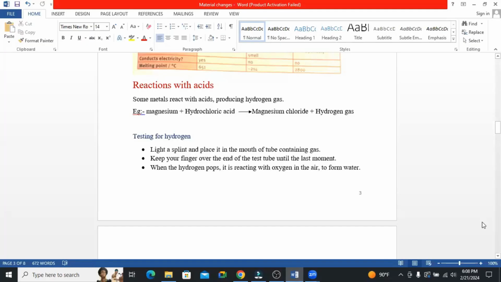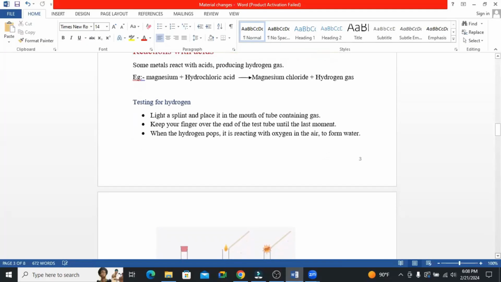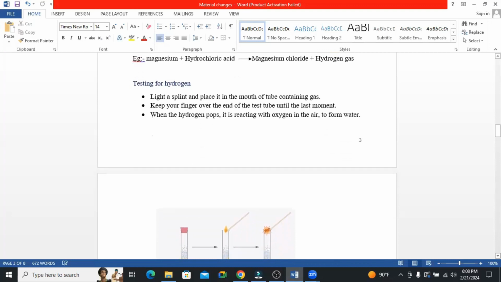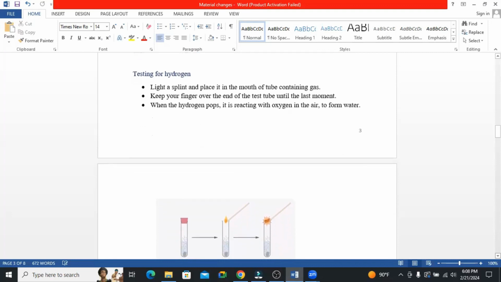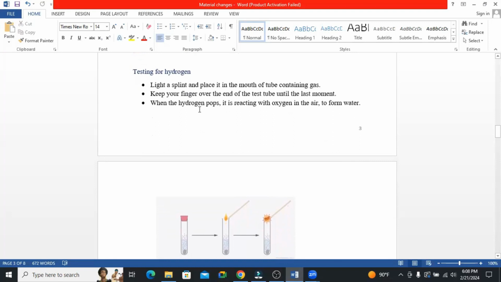Now testing for hydrogen. Now we are going to observe whether that released gas is hydrogen or not. The test is to light a splint and place it at the mouth of the tube containing the gas, as in the picture. You have to keep the splint on top of the tube and keep your finger over the end of the test tube until the last moment, because the gas will be released if we don't do that.